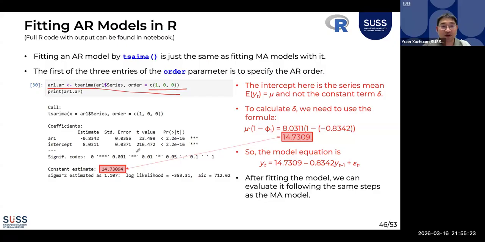And remember, the constant refers to the constant in your model, while you can also get the mean of your time series, which is 8.0311. So you look at the output, and you should be able to write down the AR(p) model from the output.